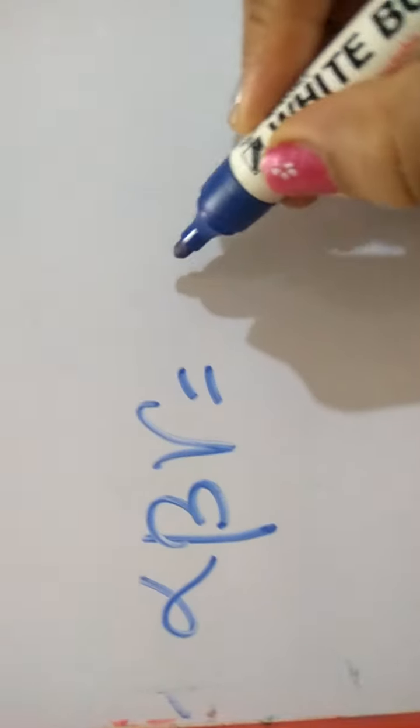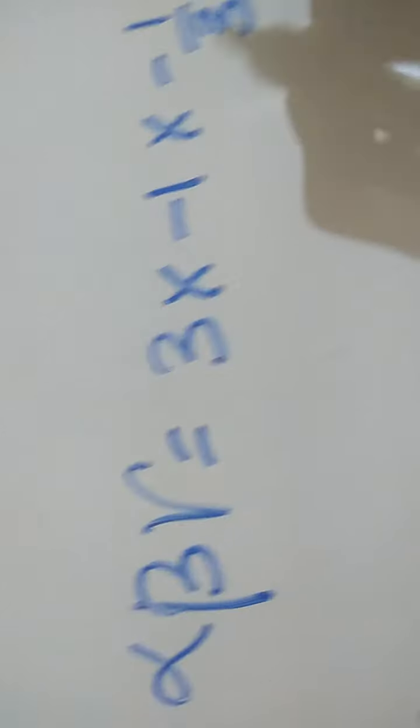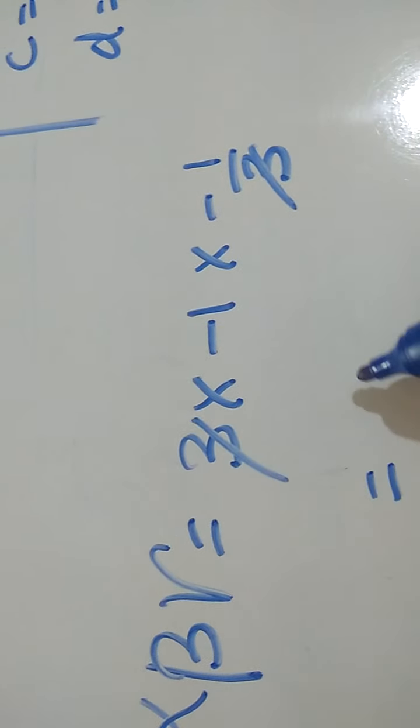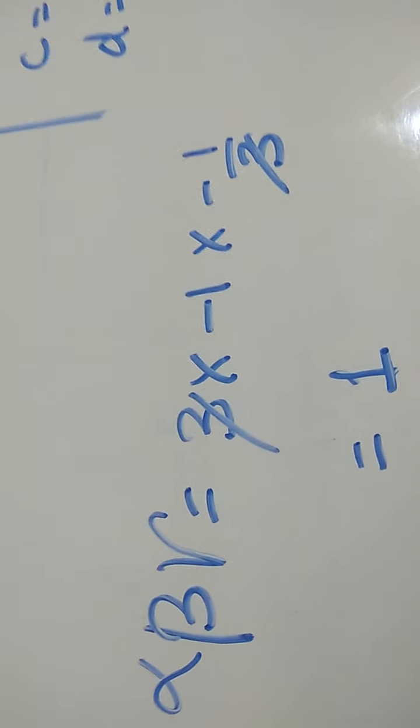Now we will see for the product, that is alpha beta gamma. This is equal to 3 into minus 1 into minus 1 upon 3. The 3 gets cancelled and we get plus 1, or 1. And according to the formula, it should be equal to minus d by a.